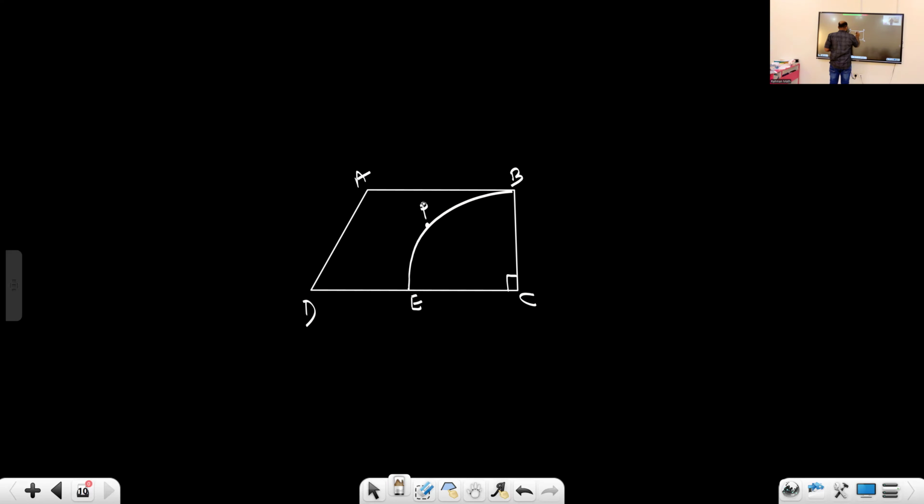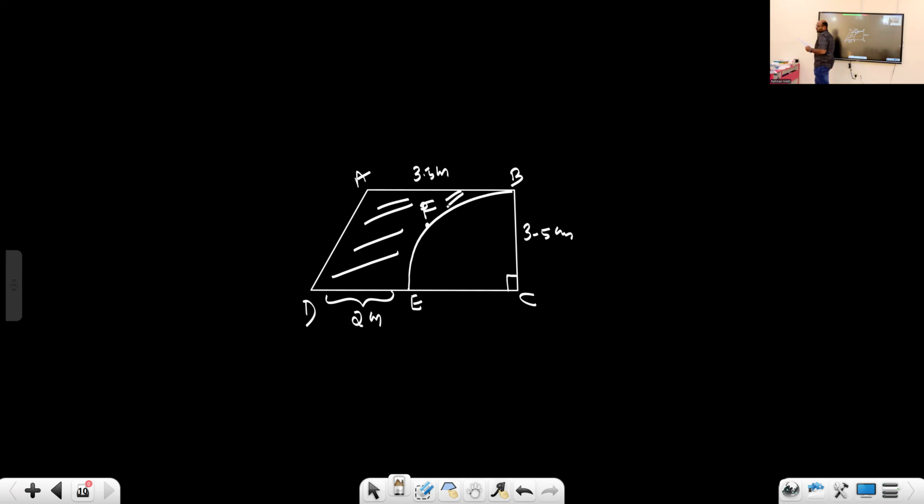Okay, this is F. AB, BC 3.5. This is 3.5 centimeter. This is also 3.5 centimeter. Read the question completely. DE 2 centimeter. This part is 2 centimeter. They are asking this one, this area.